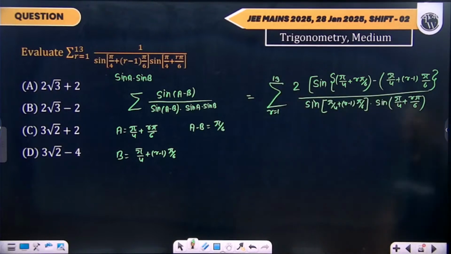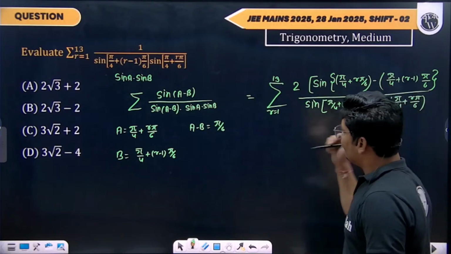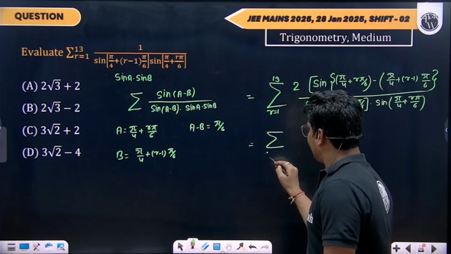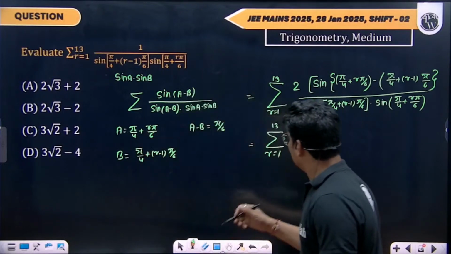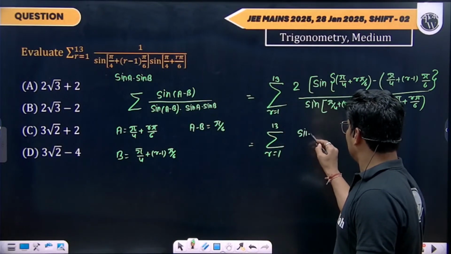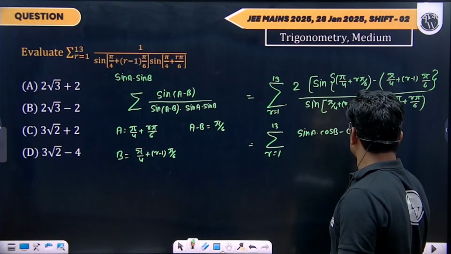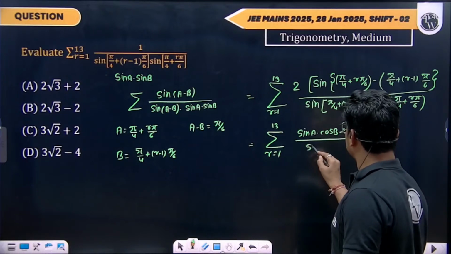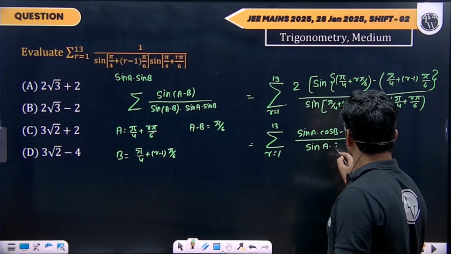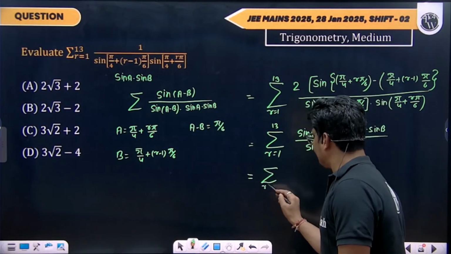Now we use the formula of sin A minus B, using the value of A and B for these angles. So this will become sin A cos B minus cos A sin B. I hope it is clear. So this will be sin A sin B. Now we will divide separately.